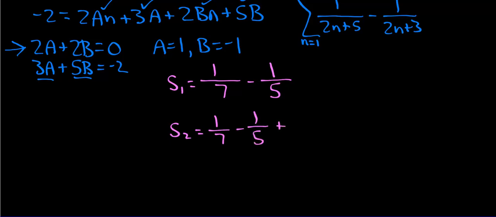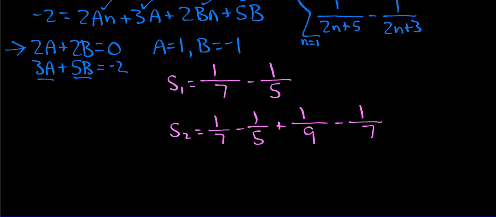When n is 2, we get 1 over 9, since 2 times 2 is 4 plus 5, minus 1 over 2 times 2 plus 3, which is 7.